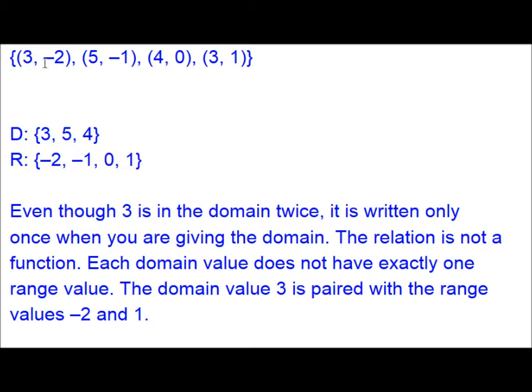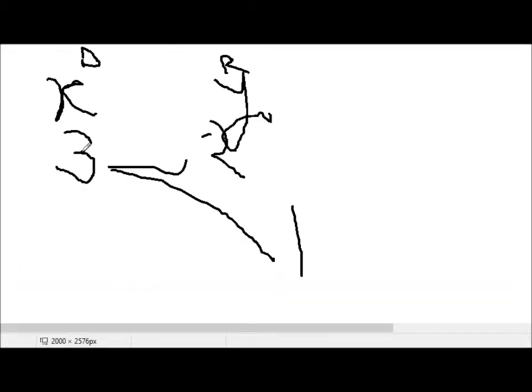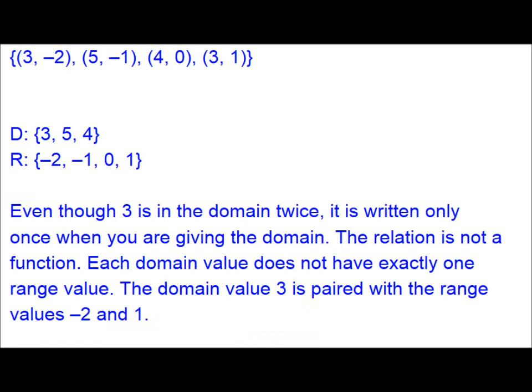Whenever you try to draw the graph, 3 corresponds to -2 and 3 corresponds to 1. There are two numbers going from the domain to the range. So if there are two numbers in the range which correspond to one number in the domain, then it is not a function. It is not a function.